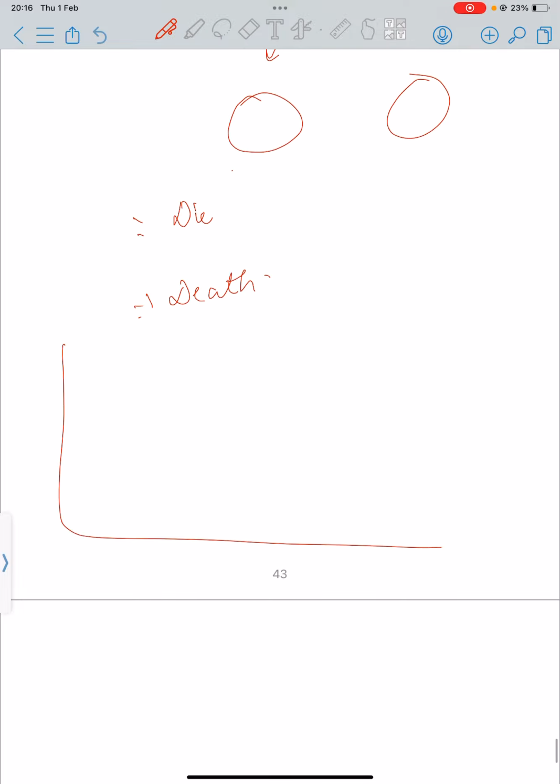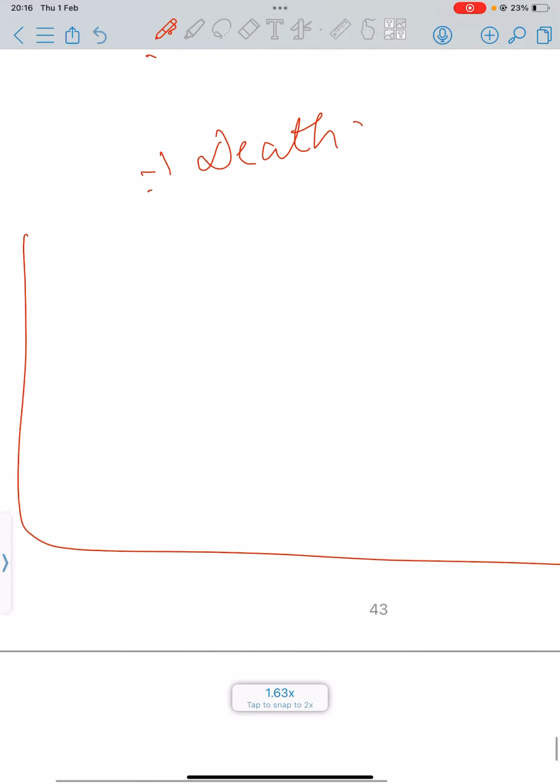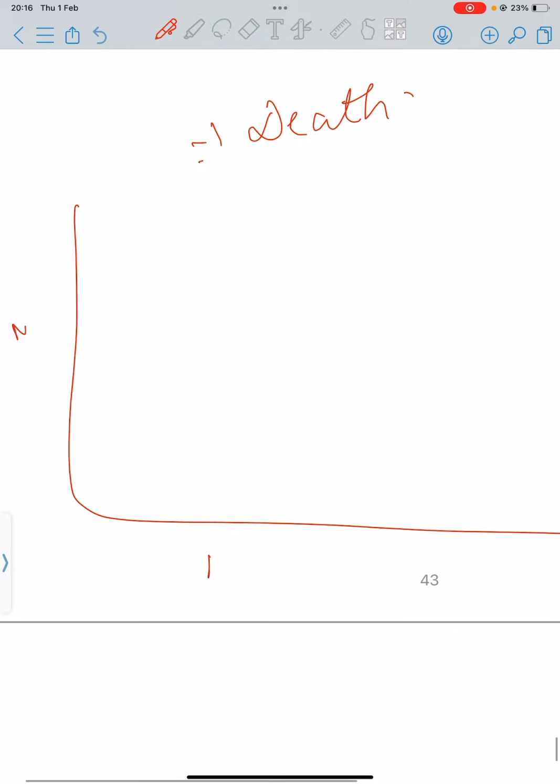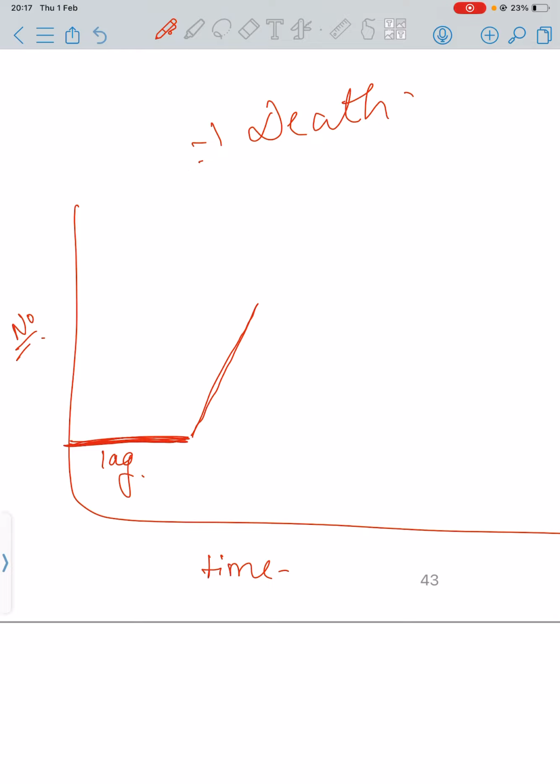So if we plot it, for example, if this is the bacteria number, and this is time, firstly, the bacteria number is static, they just become bigger in size, lag phase. Then they start multiplying, so their number increases in log phase.